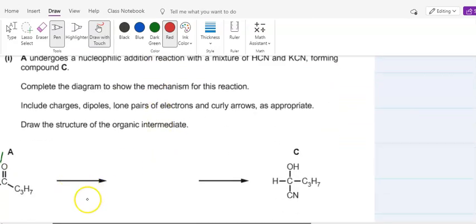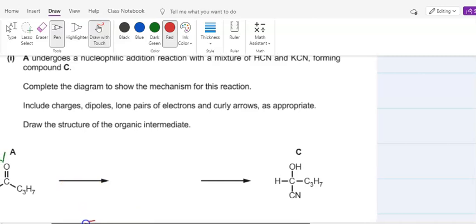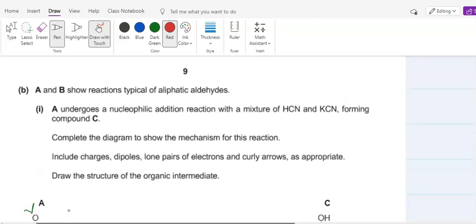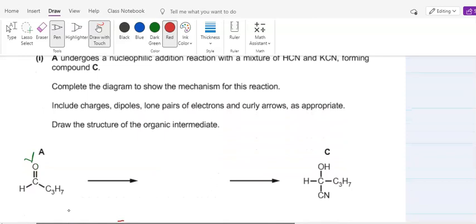Now they are asking you to draw a mechanism of this nucleophilic addition. They already told you that it undergoes nucleophilic addition, with a mixture of HCN and KCN.